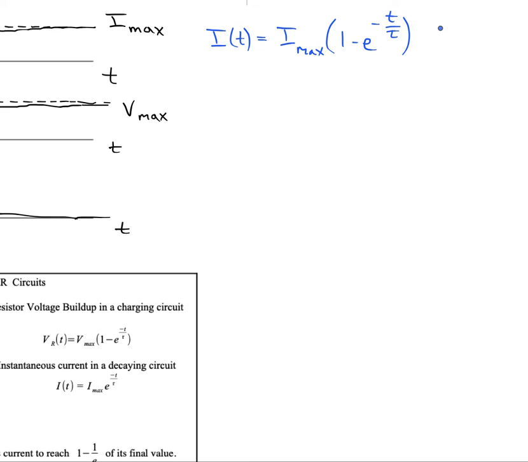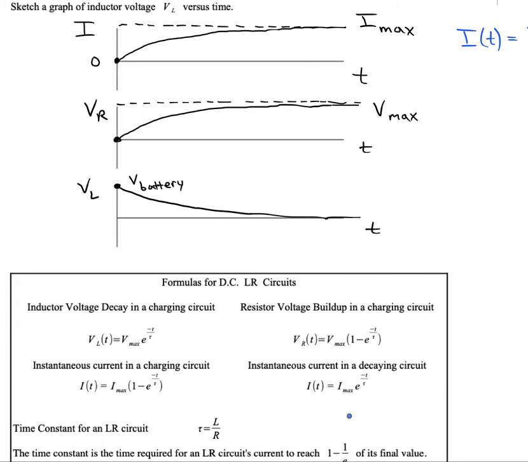Now this is the formula for building up current in an LR circuit. The form of it is reversed when we're disconnecting the circuit and decaying the current.